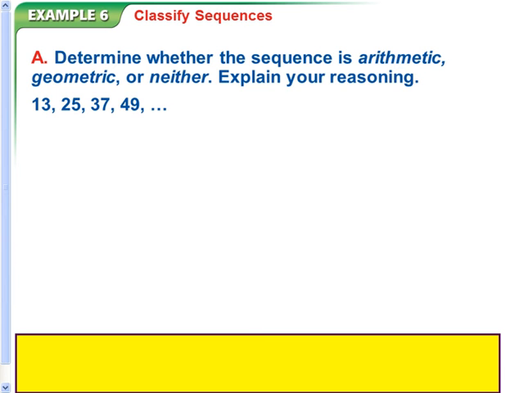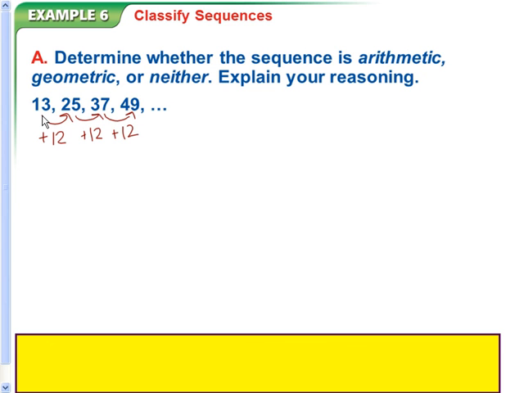Okay, determine if this is arithmetic, geometric, or neither, and then explain why. Okay, first thing, let's just see if it's arithmetic. What is being added to 13 to get 25? So that one's adding 12. Does that continue working? 25 plus 12 does make 37. How about for the last one?